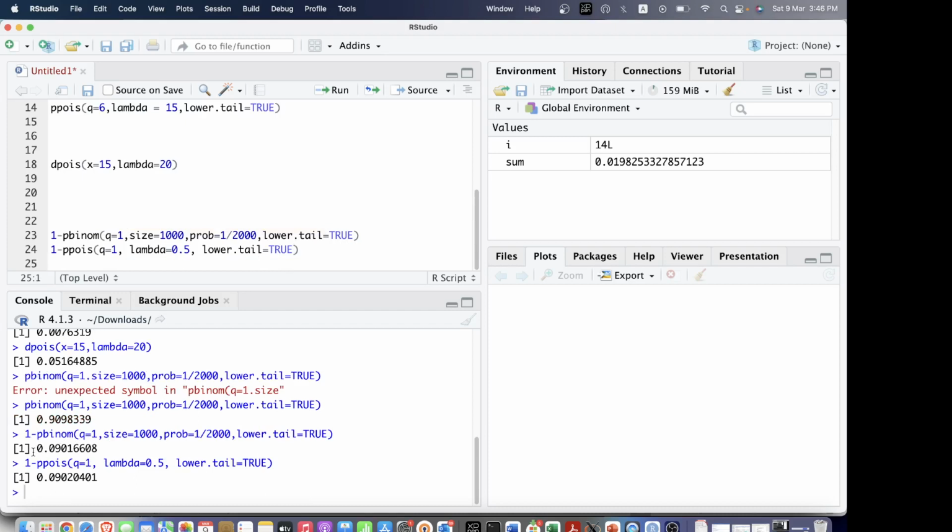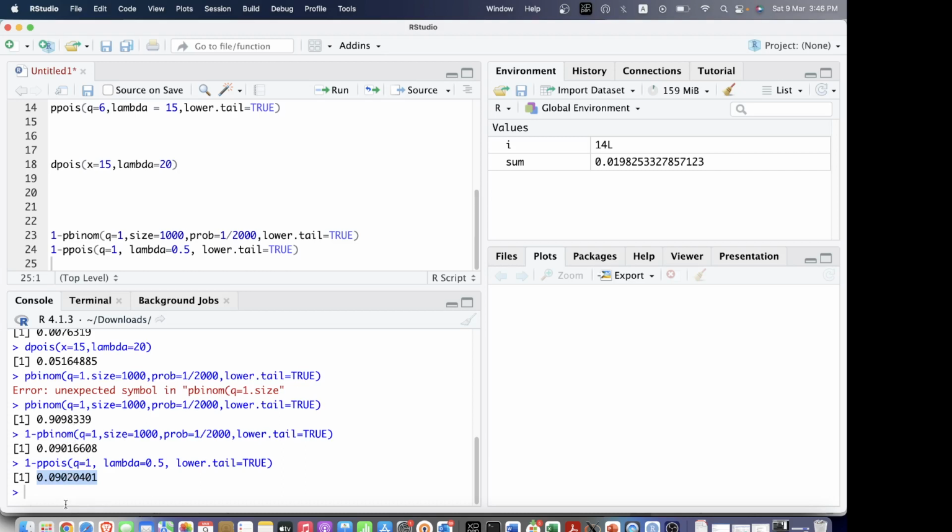See, for this one it was 0.09016608 and this is 0.09020401. So up until the third decimal place it is the same. So this approximation works well.